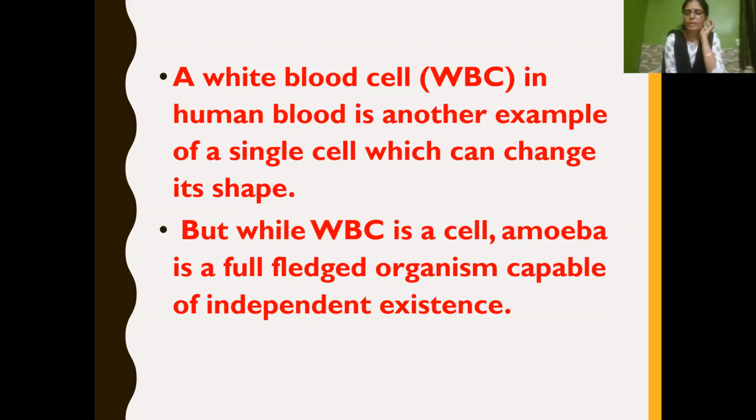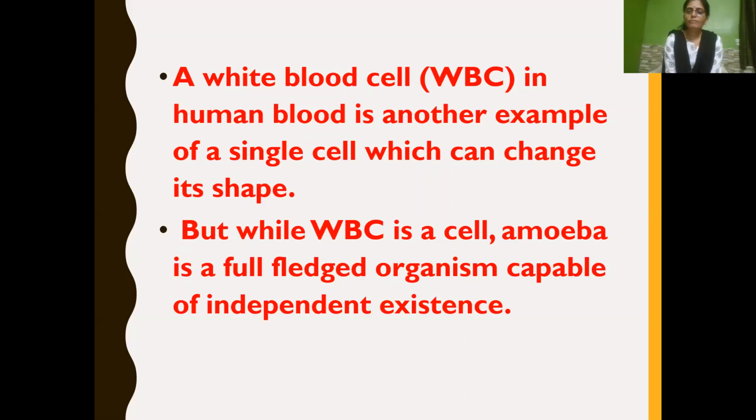But children, here WBC is a single cell, whereas amoeba is a single-celled organism, made up of only a single cell by which it can exist. It has an independent existence. But WBC is in the human being, and only the WBC, the white blood cell, can change its shape.